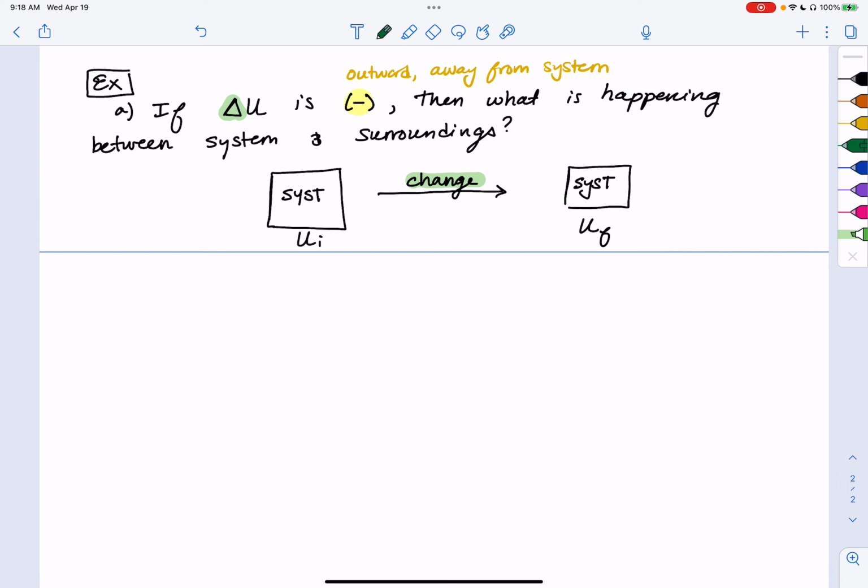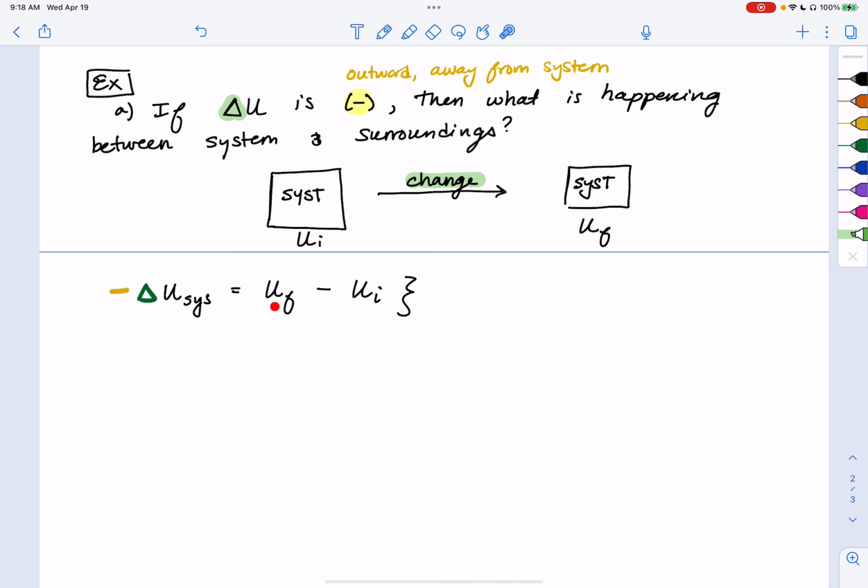So if I'm going to calculate delta U of our system, then I can say that is the final energy of our system minus the initial energy of our system. And if this is going to be negative, let's think about the conditions under which that is true.